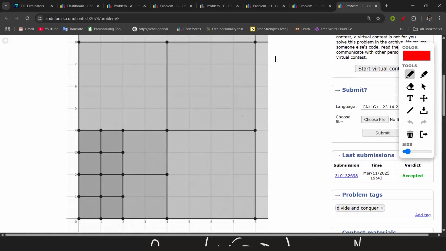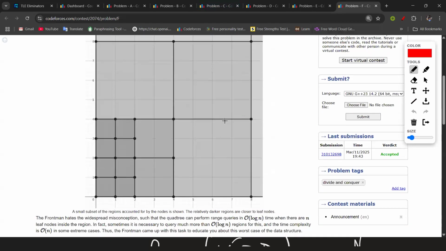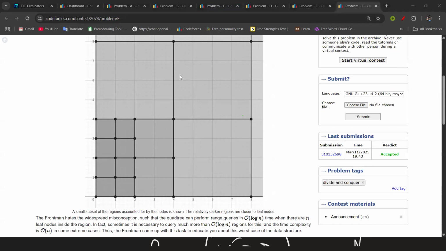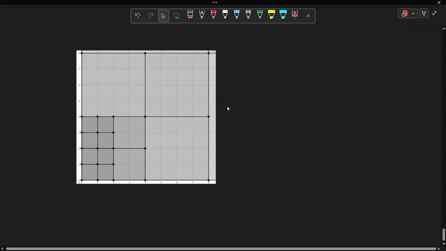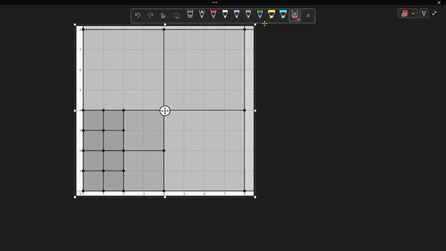Understand the problem like this, that you have some squares. Okay, you have some coordinate axis.